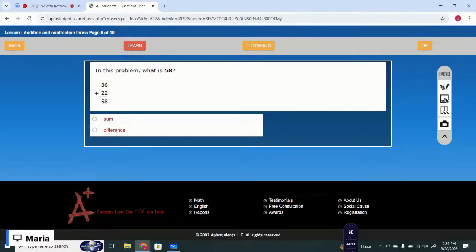In this problem, what is 58? 58 is the sum of 36 plus 22.